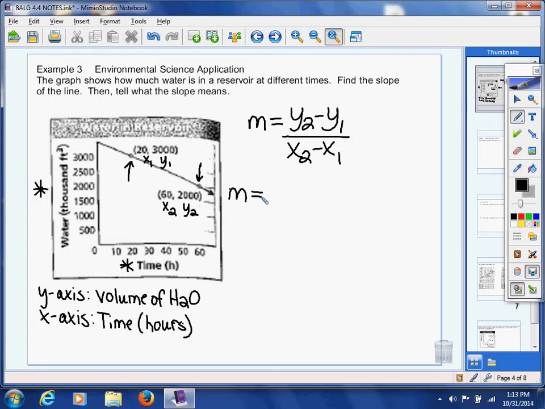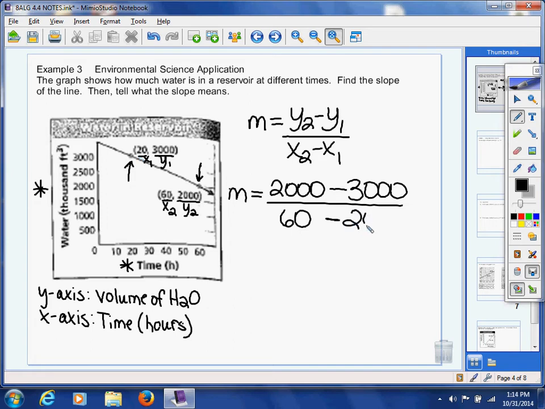All right, so let's find y sub 2. Y sub 2 is 2,000 minus, let's find y sub 1, which is 3,000. Excellent. Okay, we're going to divide that by x sub 2, which is 60, minus x sub 1, which is 20.